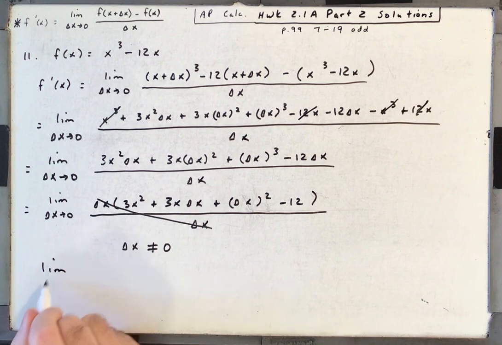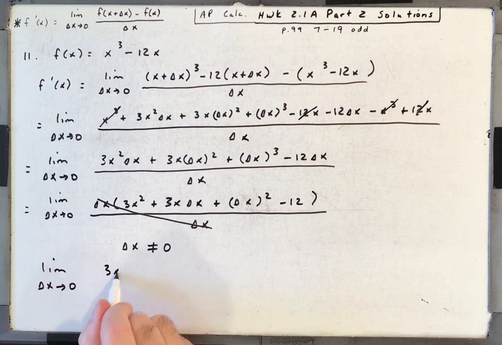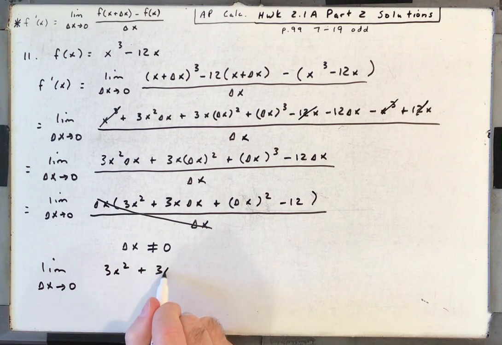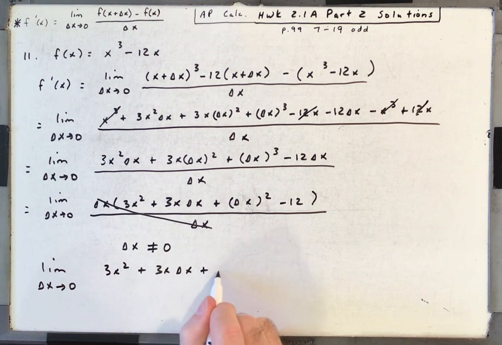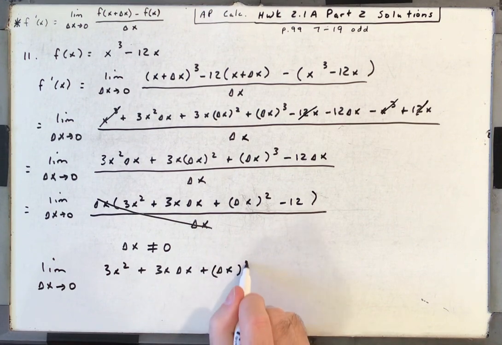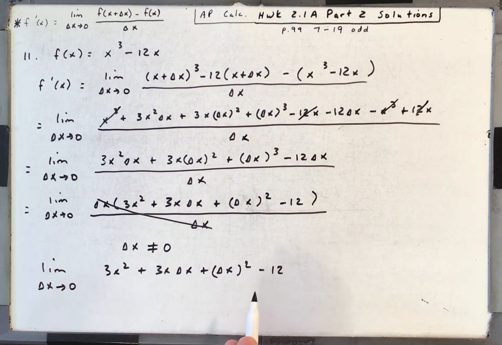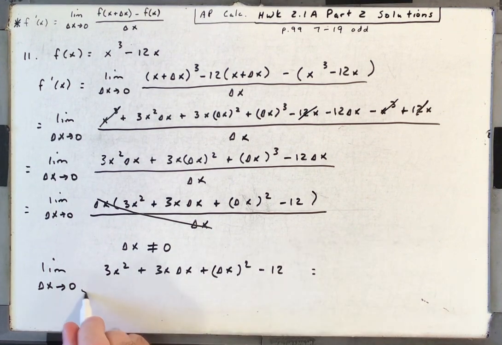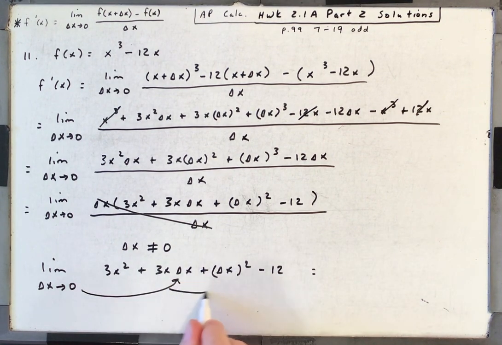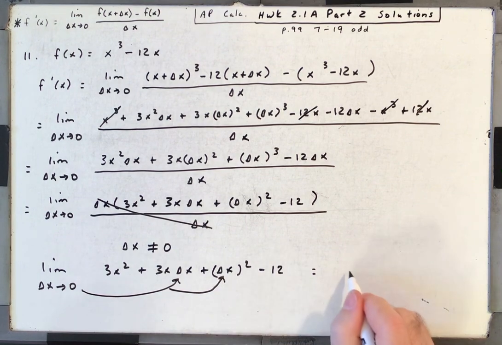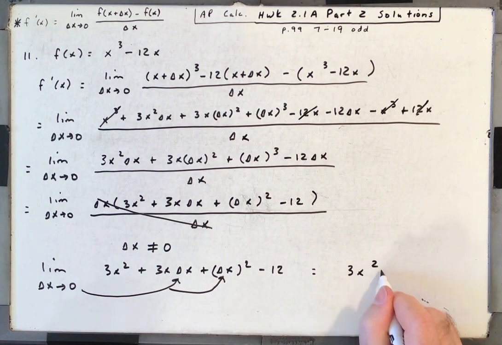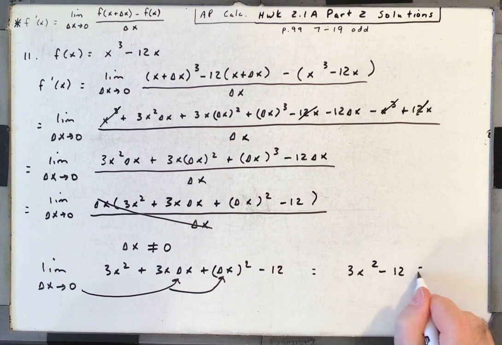We have the limit as delta x approaches 0 of 3x squared plus 3x delta x plus delta x all squared minus 12. All right, and when we plug zeros into those delta x's there, you're left with 3x squared minus 12.